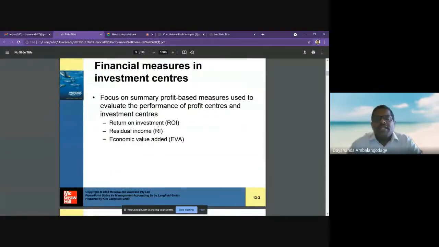Basically, when you look at any business organization, at CEO level, what we call strategic business units or divisional units, focus on a summary of profit-based measures used to evaluate the performance of profit centers and investment centers. The idea is this: when you have a simple organization, the owner, the entrepreneur, the sole proprietor does everything.